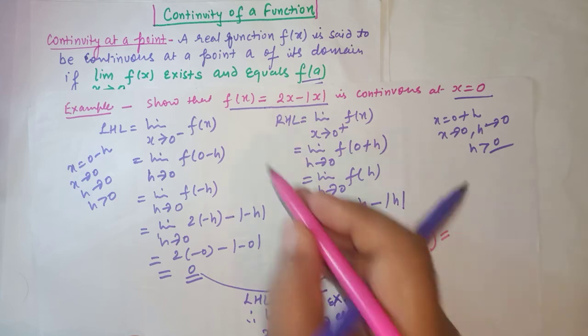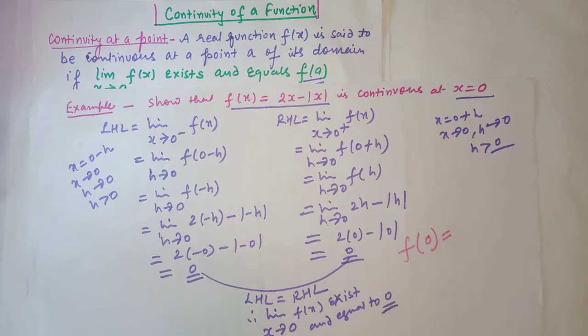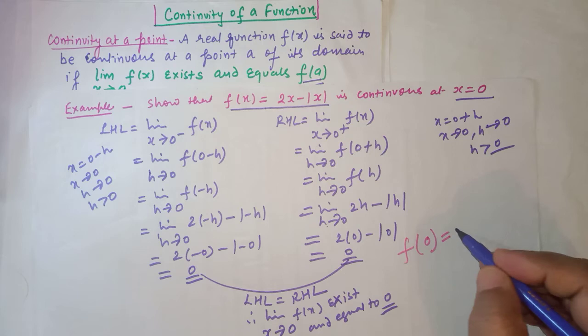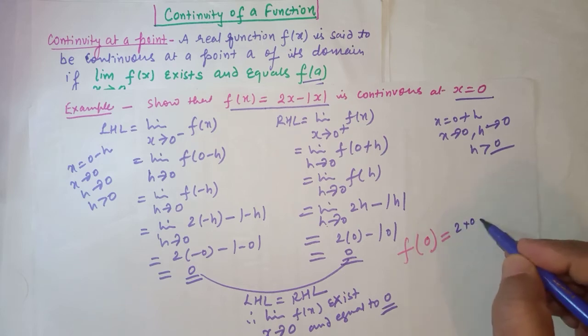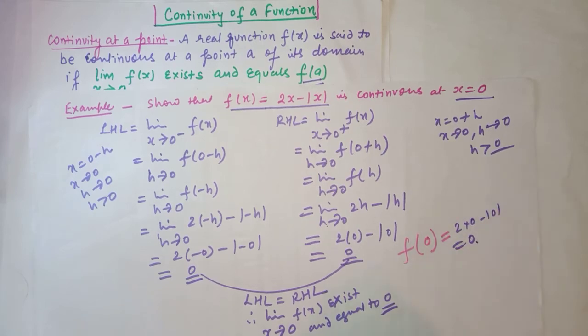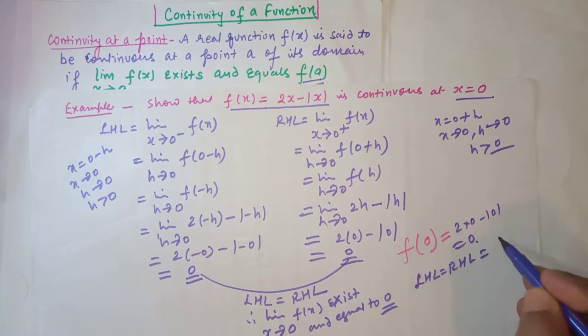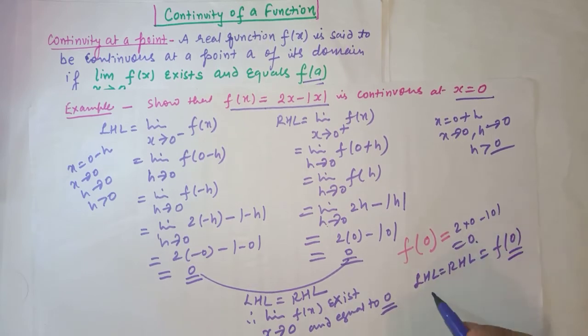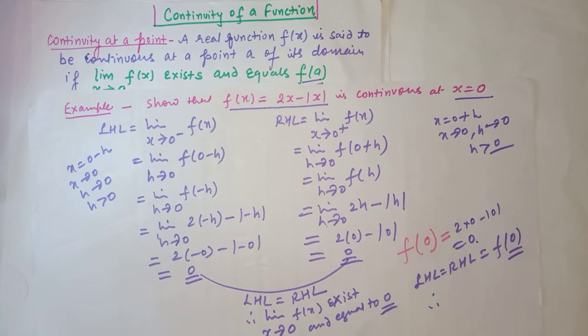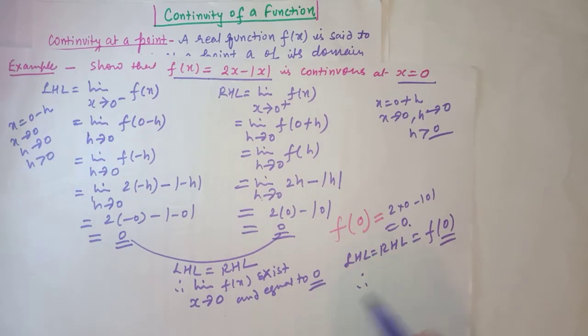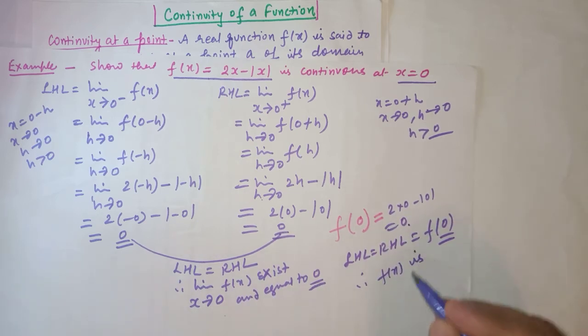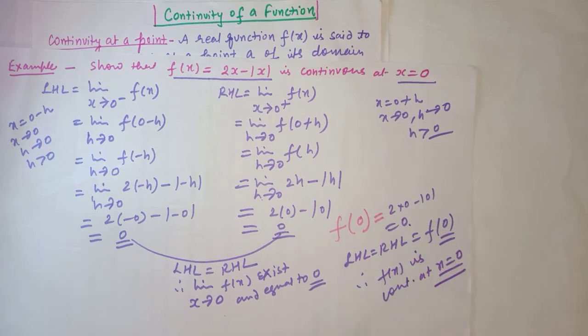So f of 0 is, we'll substitute here x equal to 0. So we have 2 times 0 minus 0. So it is 0. So we see that left hand limit is equal to right hand limit is equal to f of 0. So therefore all the conditions for continuity of a function are satisfied, and hence f(x) is continuous at x equal to 0. Clear?